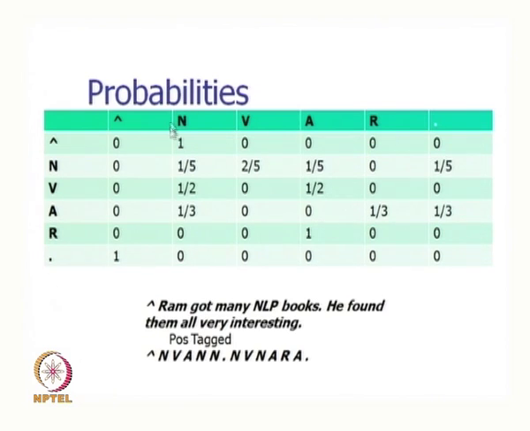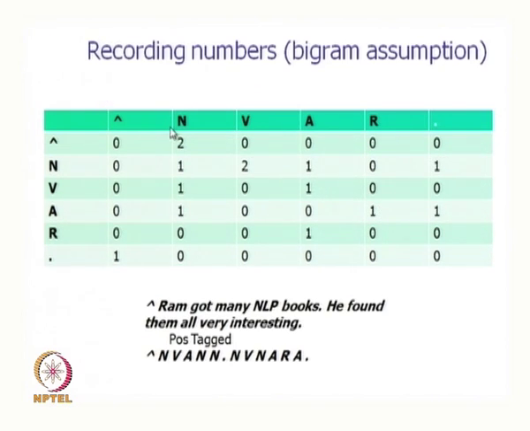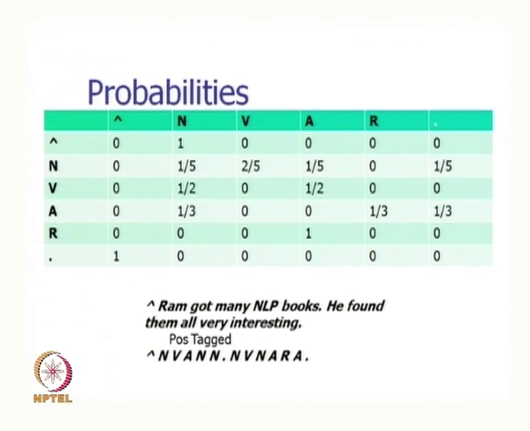Let us move on to the calculation of probabilities. We have got the frequencies which we have seen in the last table. How do we get the probabilities? For example, we have to find out the probability of hat preceded by hat. That means, probability of a hat given that the previous tag was hat. Since the count is 0, the probability comes out to be 0. Let us move on to some more interesting columns.